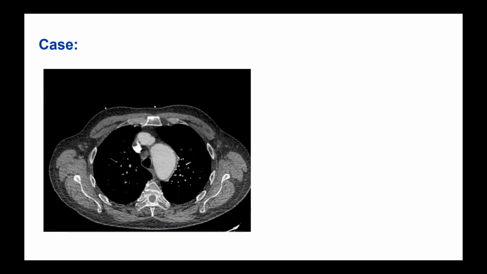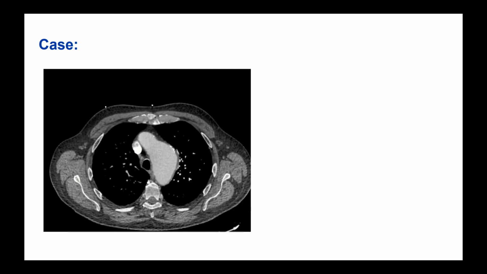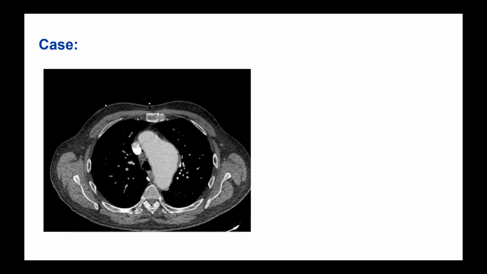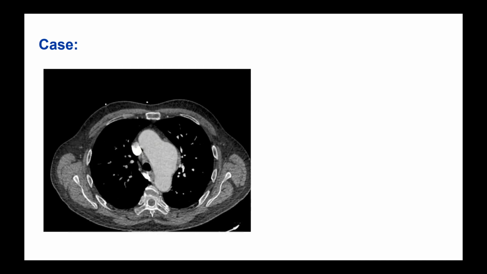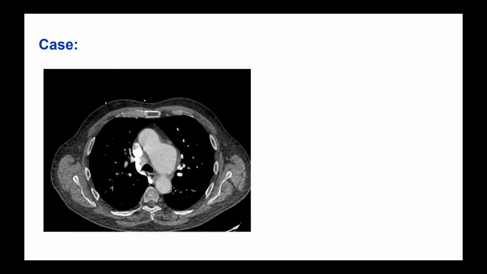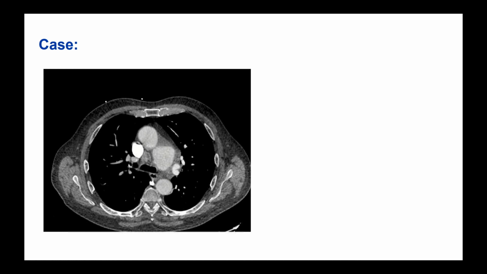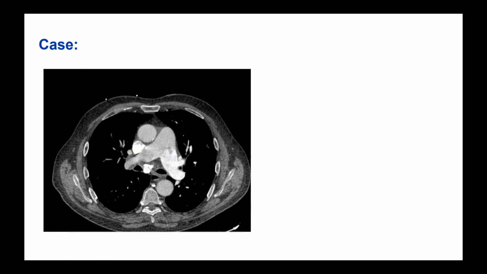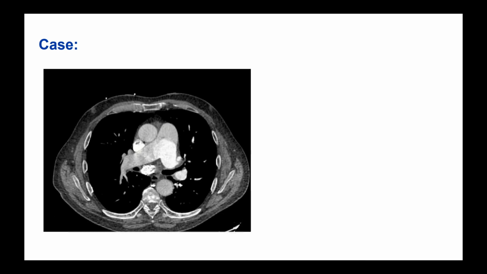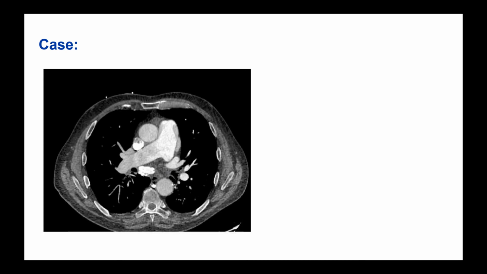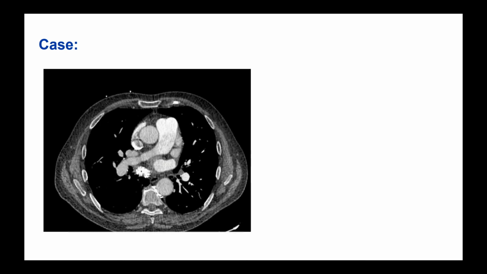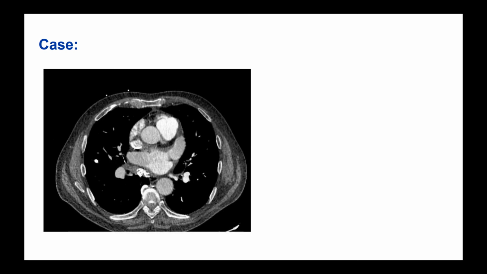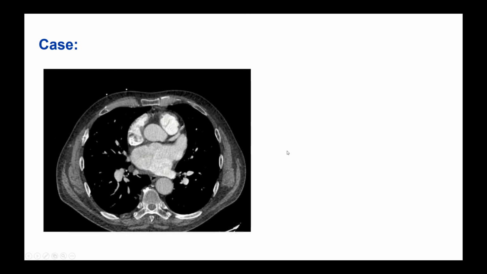So hopefully this works. This was a middle-aged female who came in for a PE CT. I'll let it run first. Of course, you're already seeing the aortic abnormality. Now, as you come down, look at the pulmonary arteries.